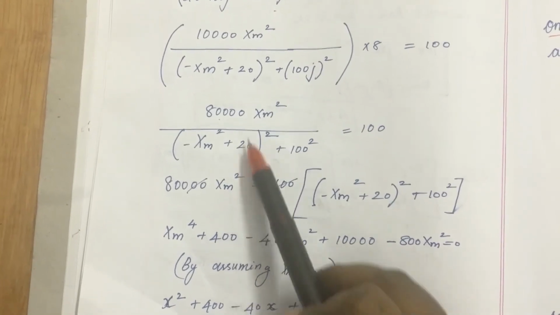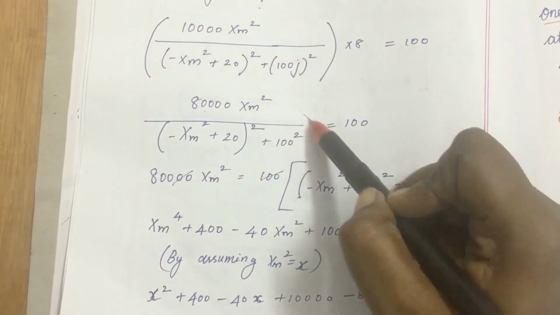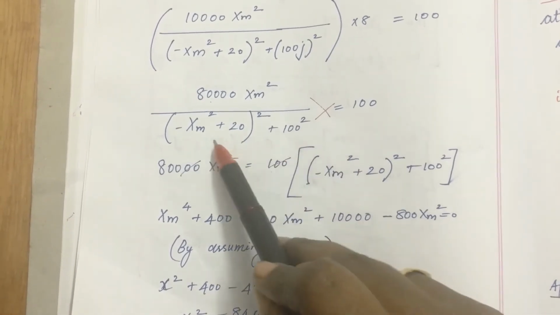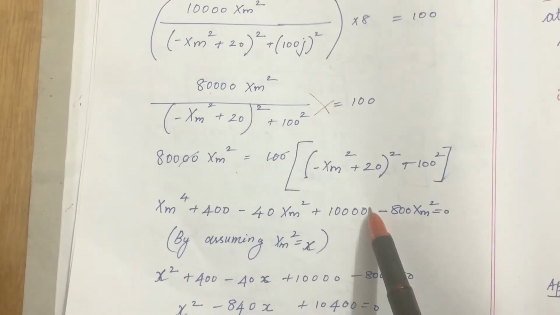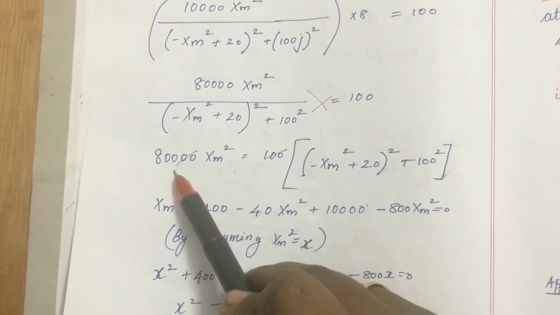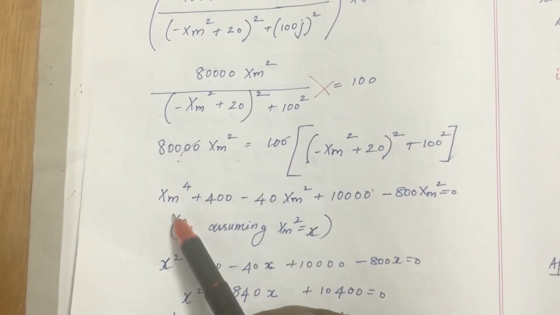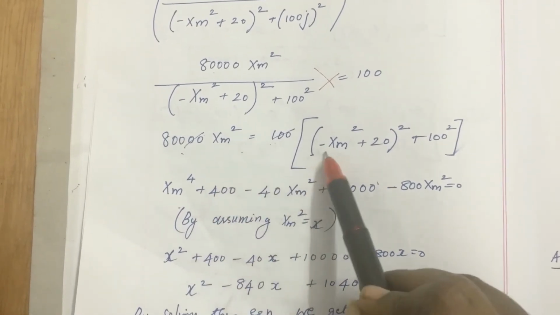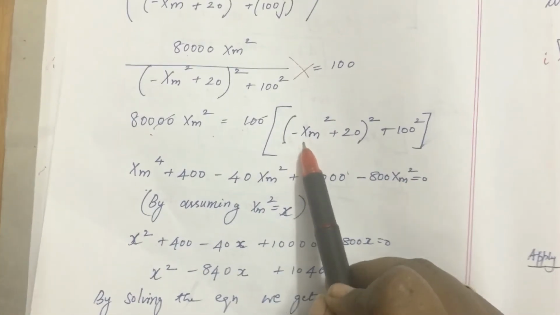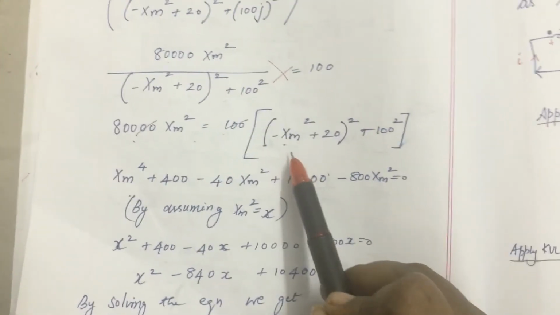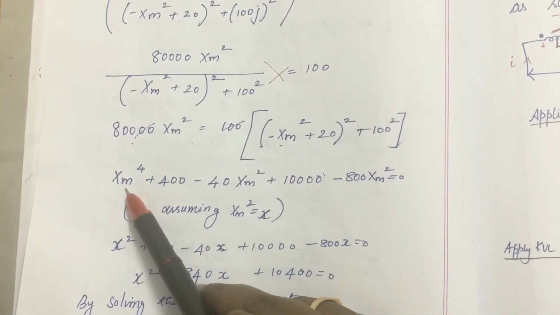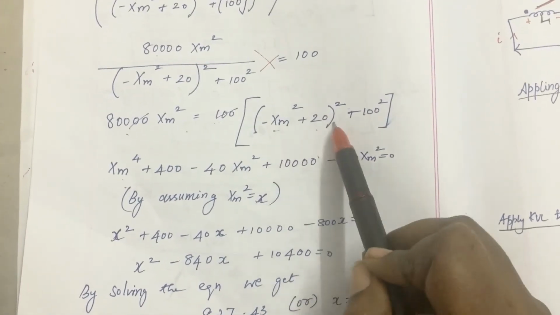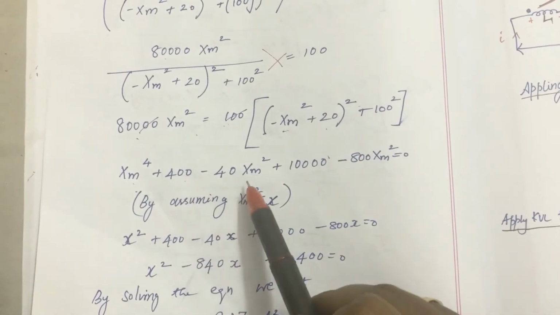Now I am going to cross multiply this equation. By cross multiplying, keeping this here, 100 into this value has gone up here like this. For 100 and this 0, the 0s get cancelled. So I can get my XM square. I am writing this equation as XM square, the whole square, which can be written as XM power 4; 20 square, a plus b the whole square, a square plus b square plus 2ab.